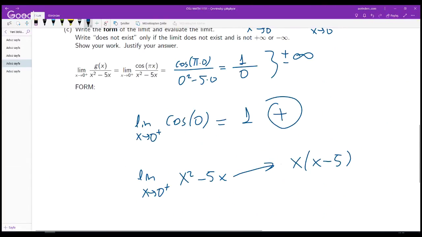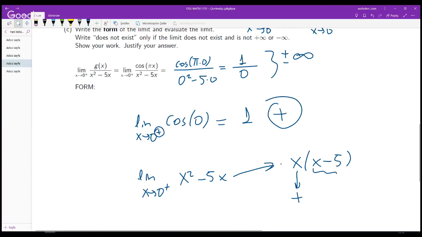So I have factorized x squared minus 5x. This x here is positive because we have 0, but we have the right-handed limit. So it is a very small number, but it is still positive. Do you understand that? It is still positive. So that's why x is positive.